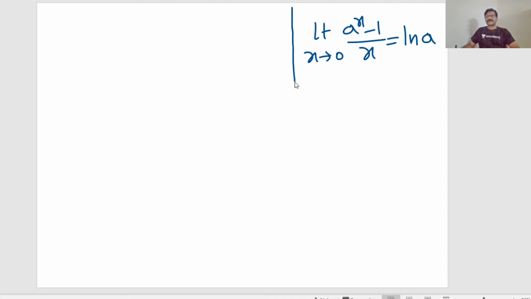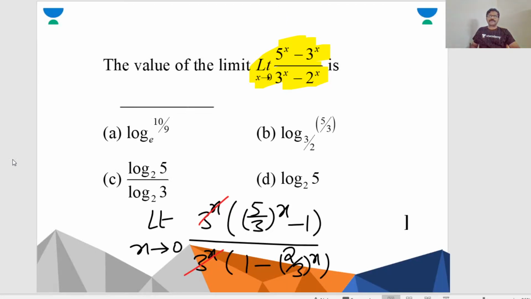Now, we have this formula. Limit x tends to 0, (a power x minus 1) by x is log a. I am going to apply that formula.